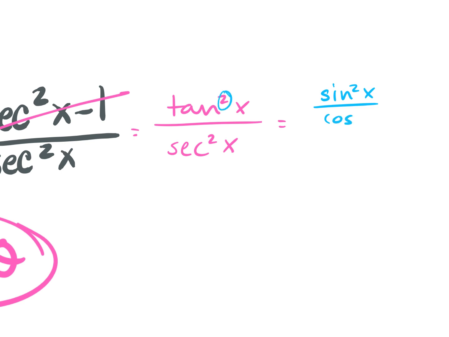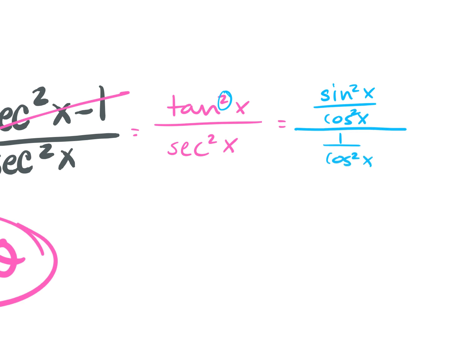Because it's tangent squared, we're using tangent equals sine over cosine, but we're just making everything squared here. And this is over... How can I change secant to be in terms of cosine? 1 over cosine squared.